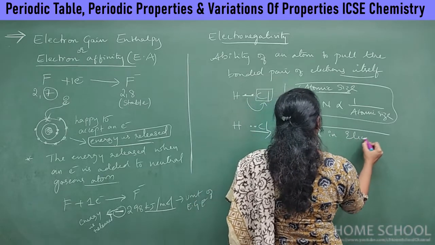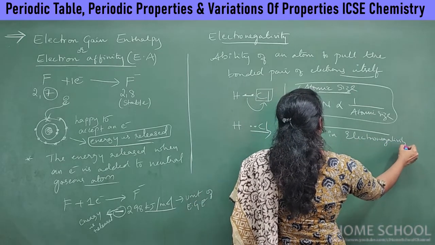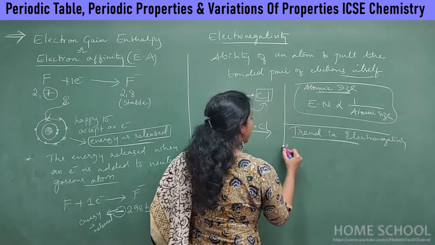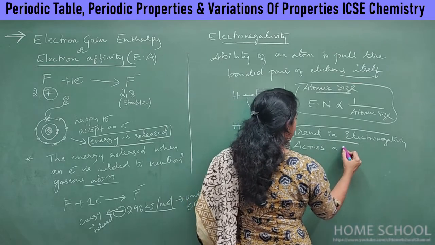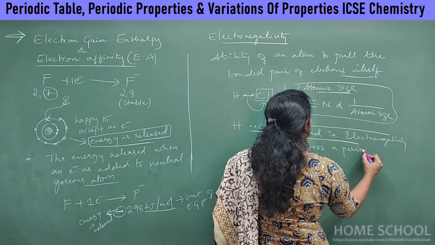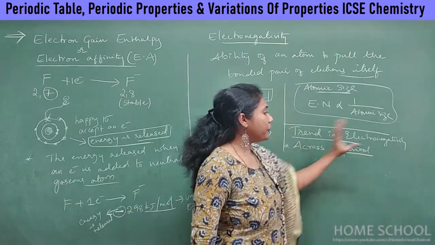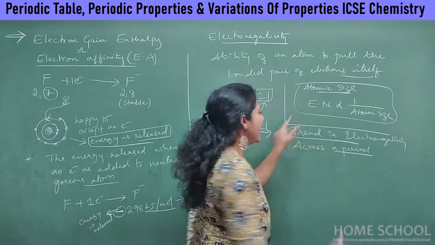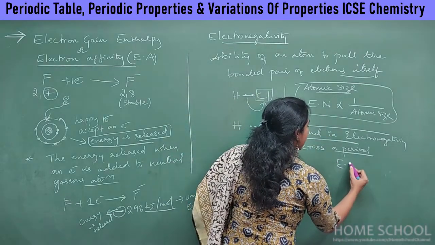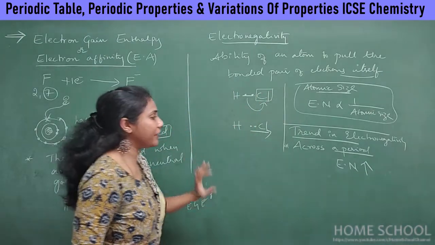Trend in electronegativity. Across a period, when I move from left to right, what will happen to electronegativity? Across a period from left to right, the size actually decreases. If size decreases, electronegativity increases. So smaller atoms are always more active.